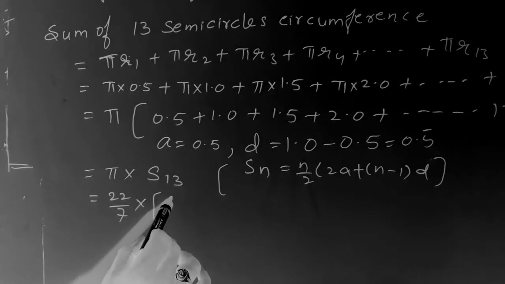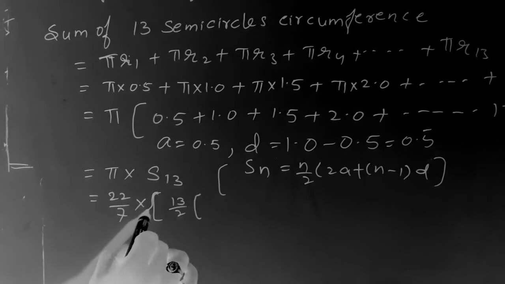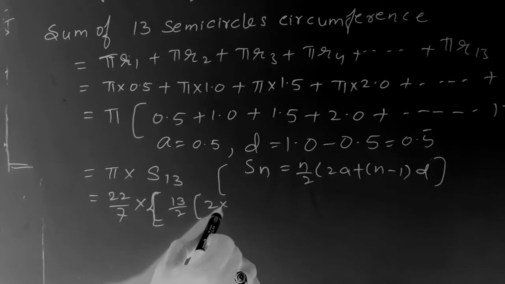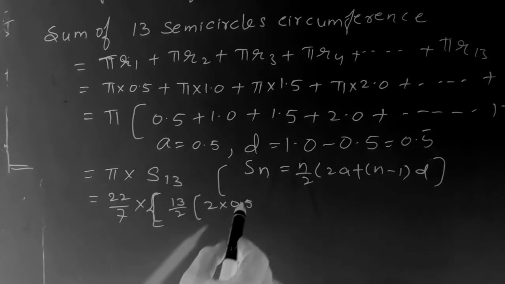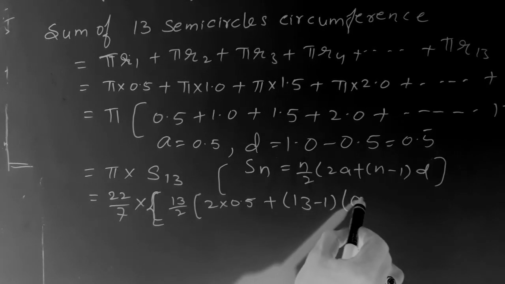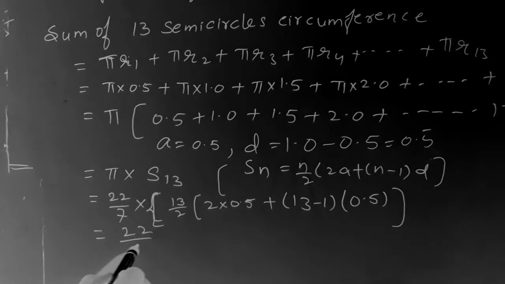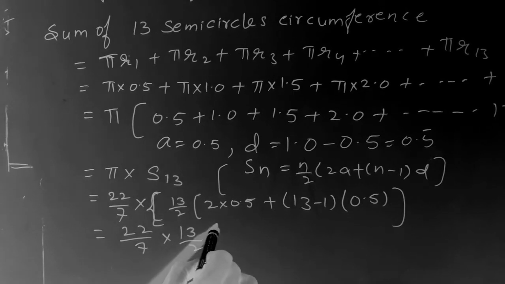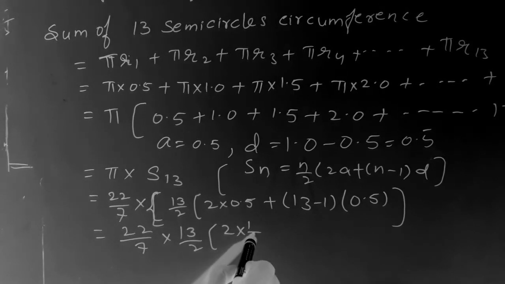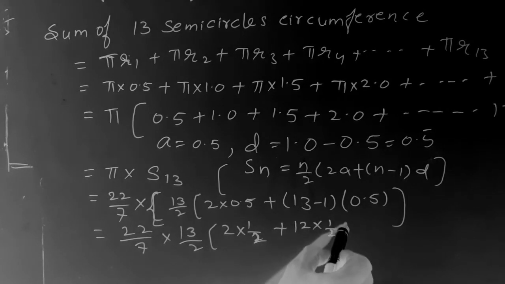So 13 by 2, 2a is 2 into 0.5, plus n minus 1, 13 minus 1, which is 12, into the difference 0.5 again. You can write 0.5 as 1 by 2.